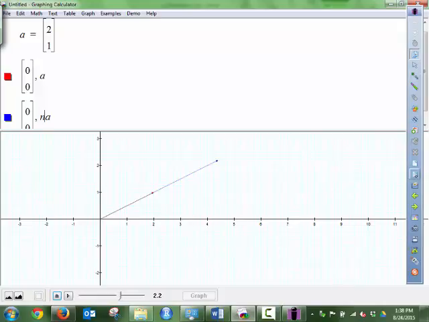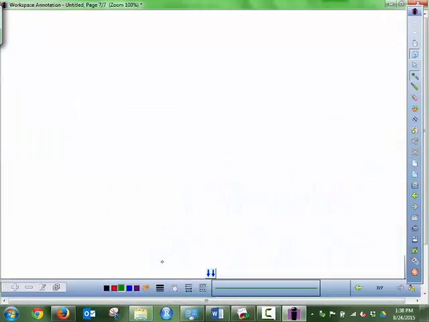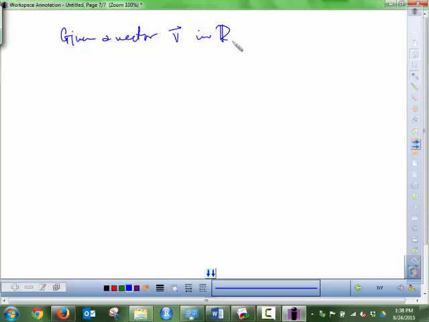Let's see if I can write it down properly here. So if I have a vector, and let's just stick with R2 for now.